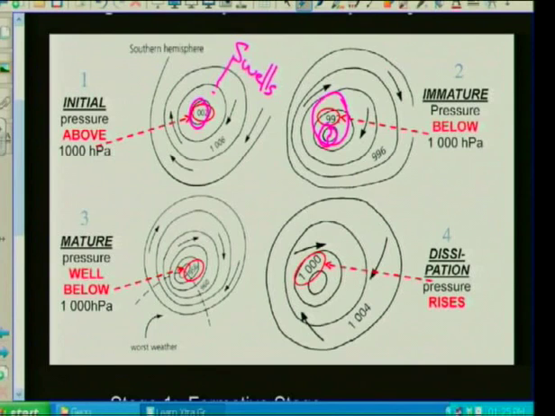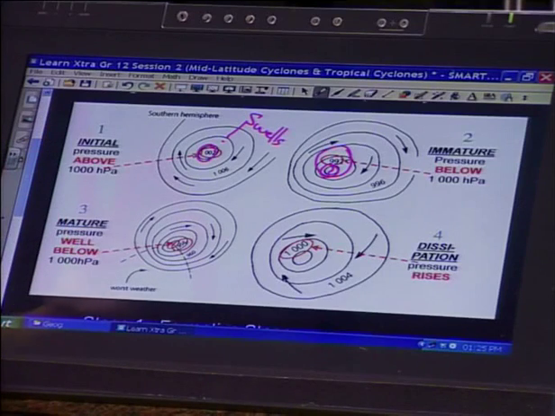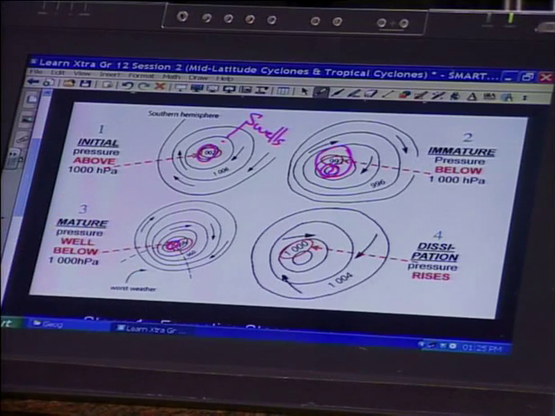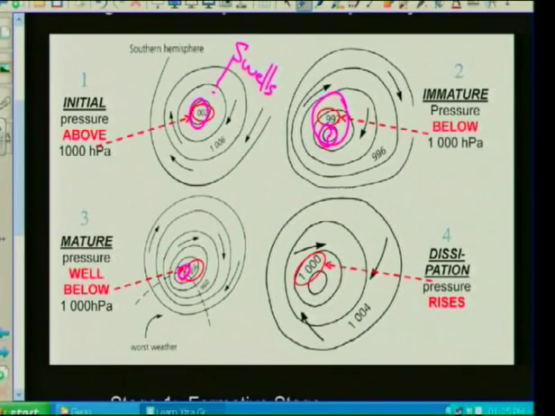So the depression is forming, the depression of that low pressure is forming and becoming more pronounced. Okay? In the mature stage, you'll notice here it's dropped to 992. In the mature stage, the pressure has even dropped further in the center. All right? And you look at the size of the center there. The depression now is well formed.